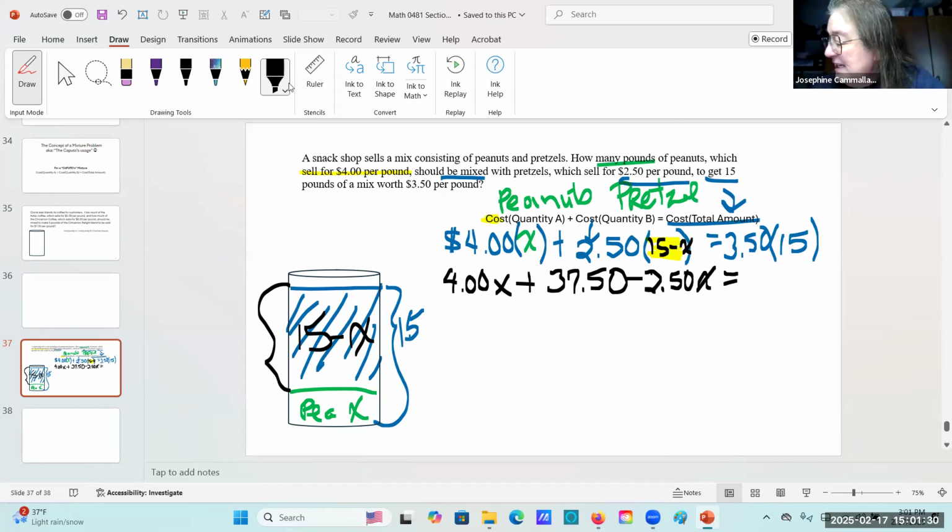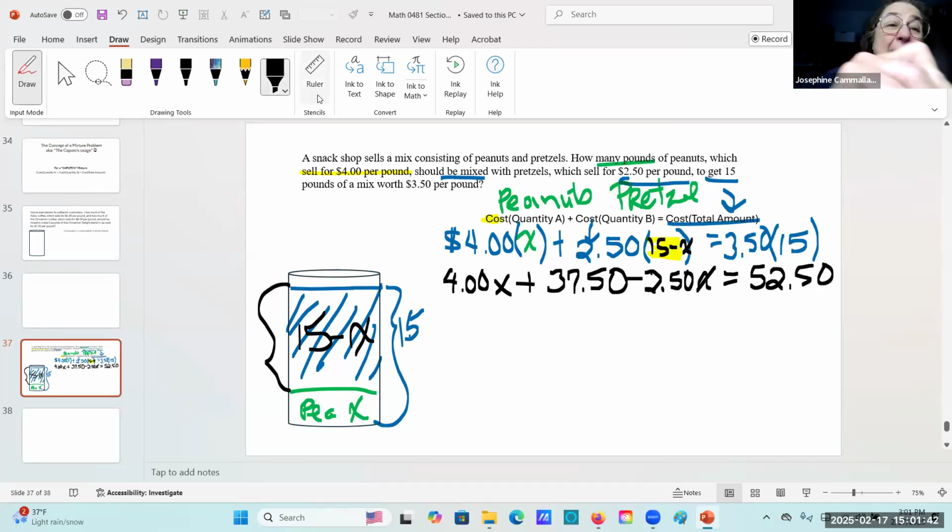And this is going to give me $3.50 times 15, or $52.50. Money is two decimal places.